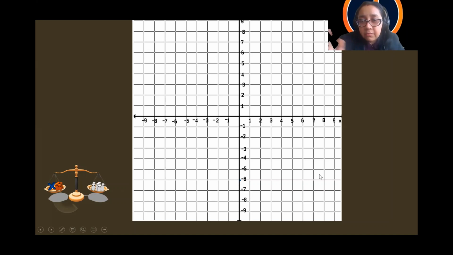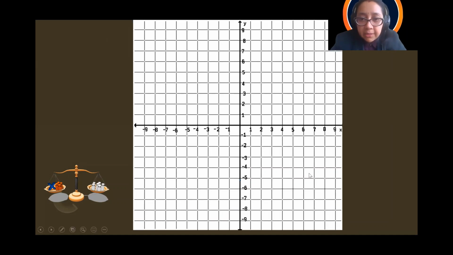Y is changing. Remember the points: (3, 0), (3, 1), (3, 2). We can see it is forming a line, and hence we can draw the line based on it. So this is the graph for x equal to 3.